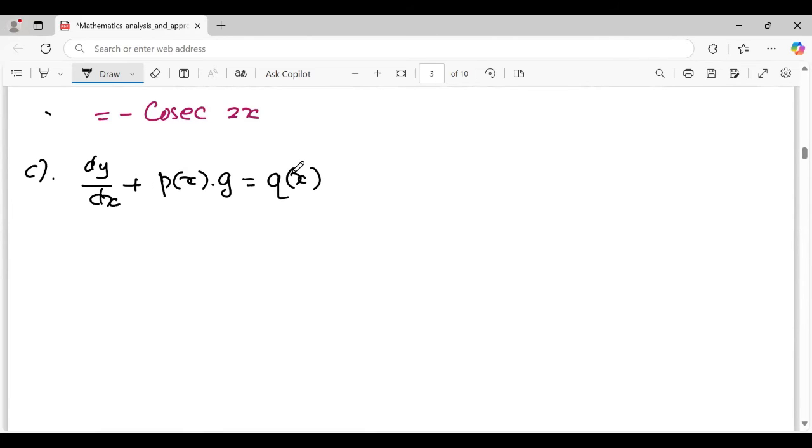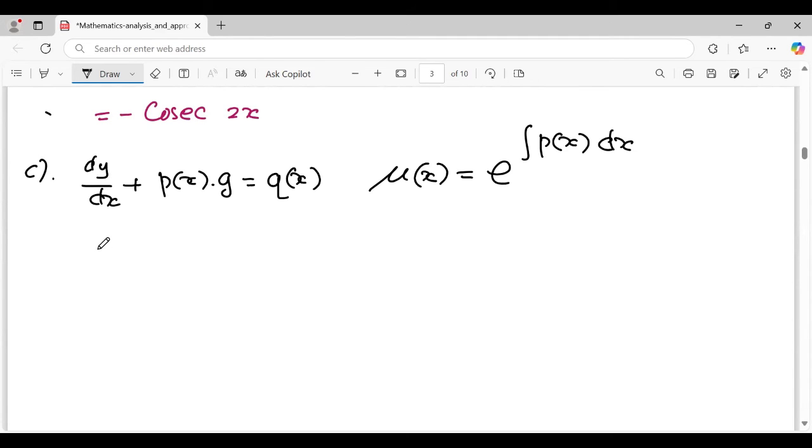This differential equation has integrating factor mu(x) equals e power integral p(x) dx. Right? This is the integrating factor of these differential equations.